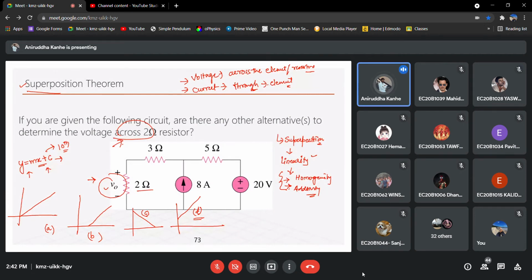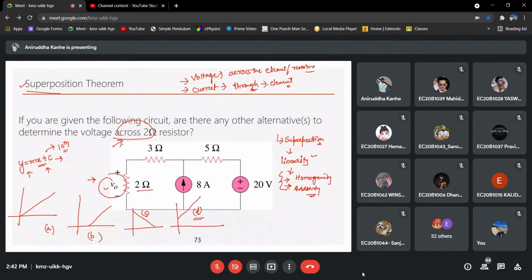Okay, now out of these four, which one is satisfying the additivity and homogeneity? Option A, yes. Yes, 39. Option A, yes, sir. Okay, 28. Yes, sir. 37. Yes, sir. 43. Sir, A, sir. 53.